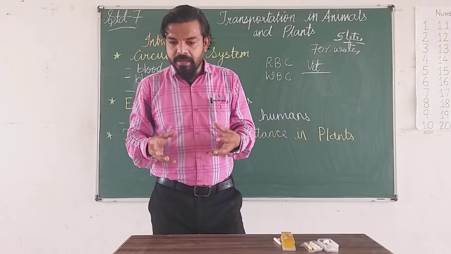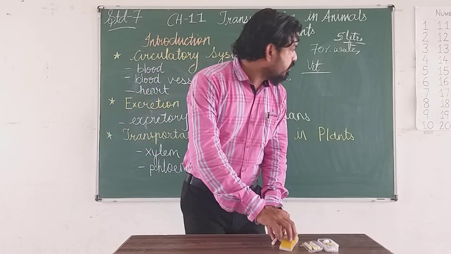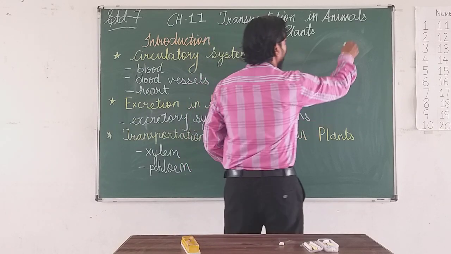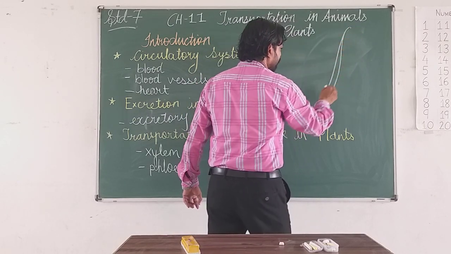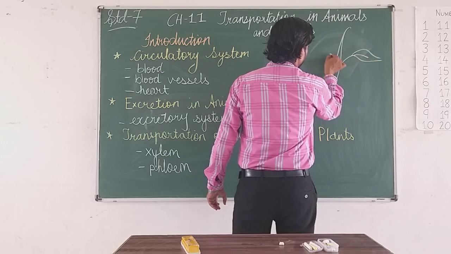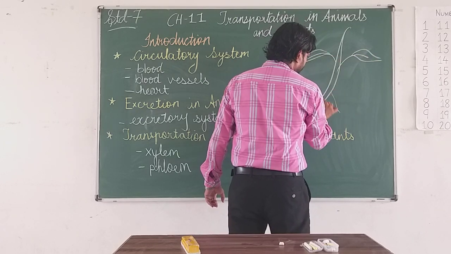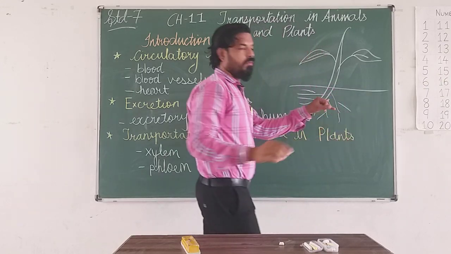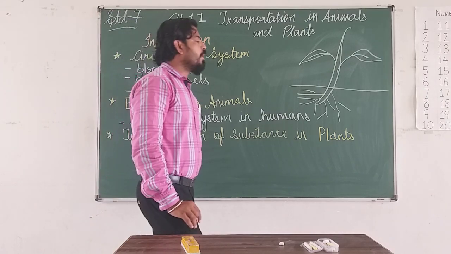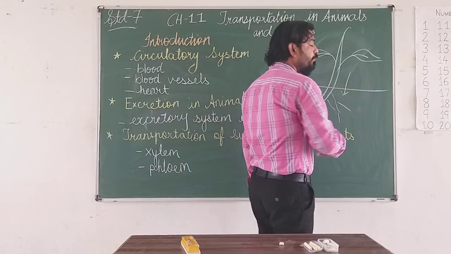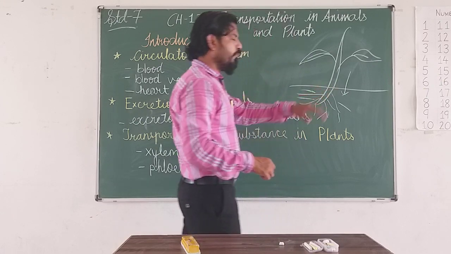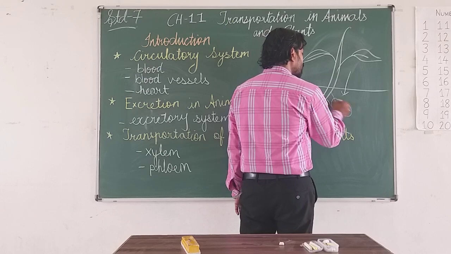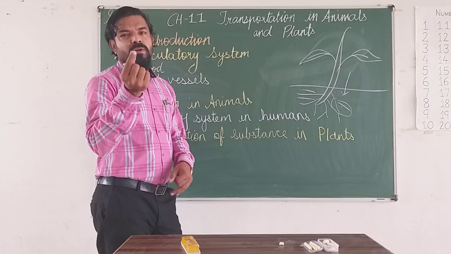Now, I can show you a small diagram here. This is the root. When you give fertilizer and water this plant, the root has small holes.